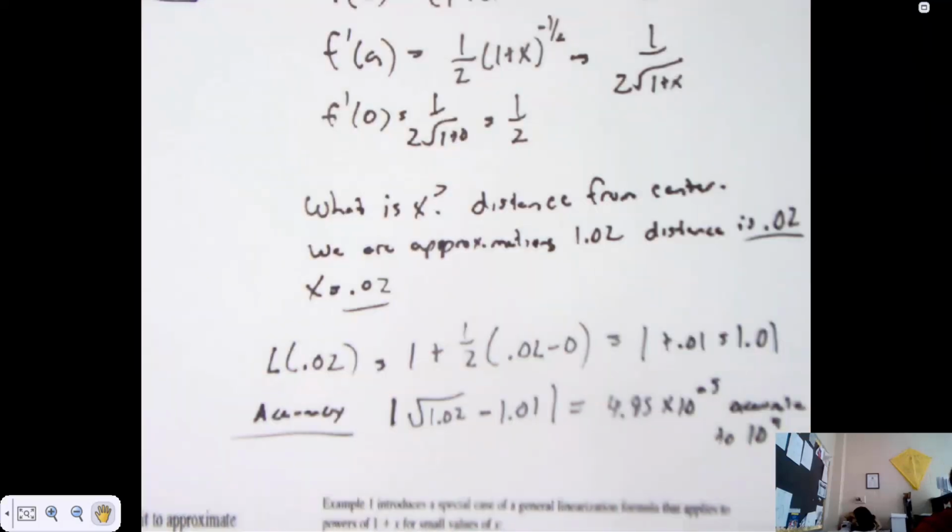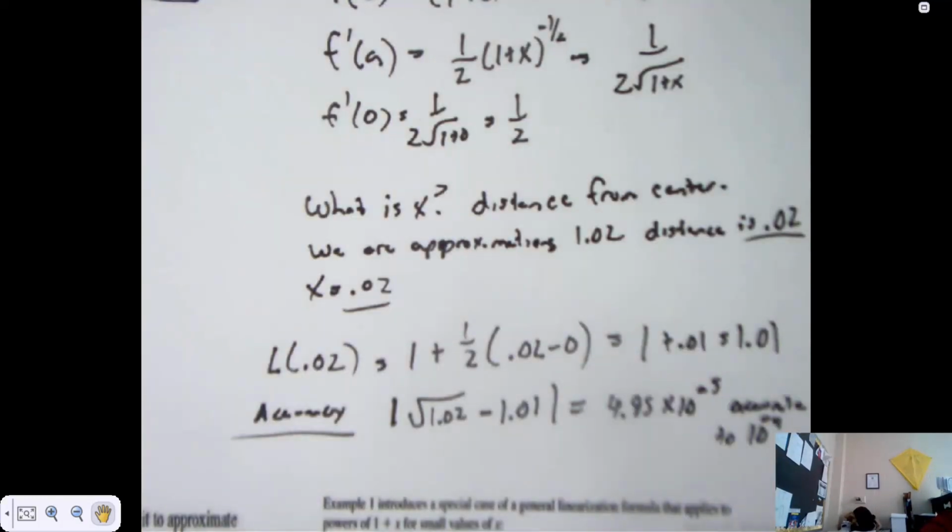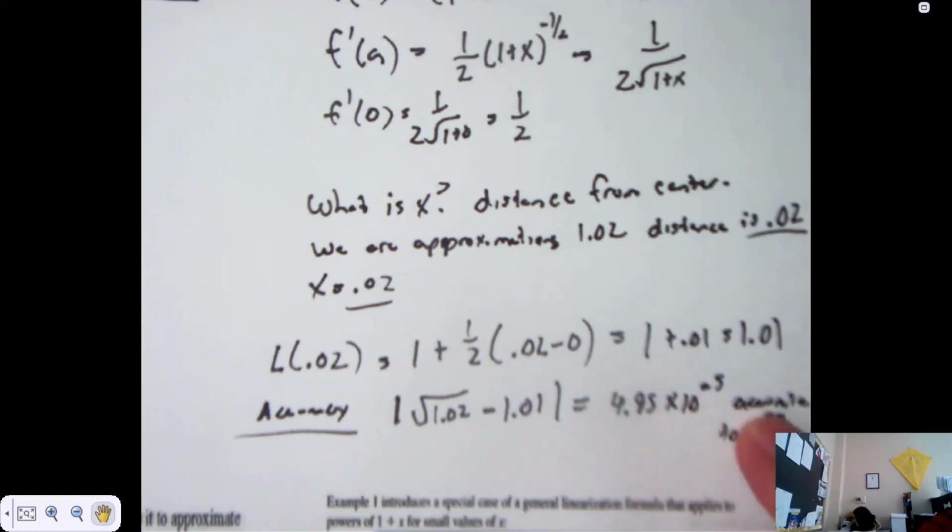So we are actually accurate to 10 to the negative fourth power. So just decrease it by 1. Yeah, by increase in this case.